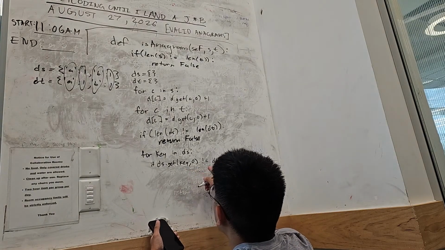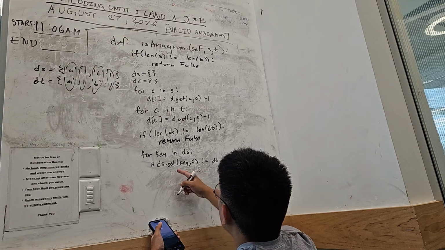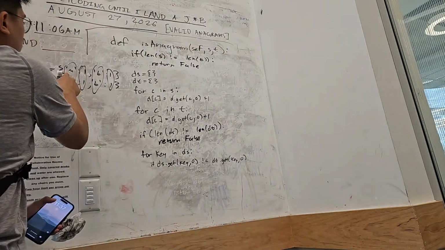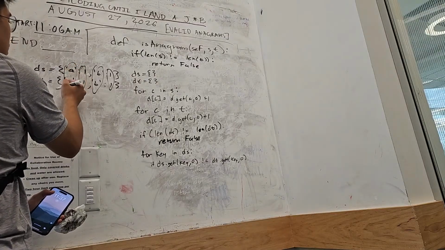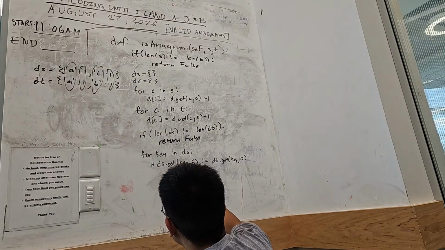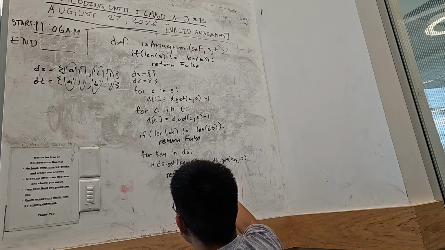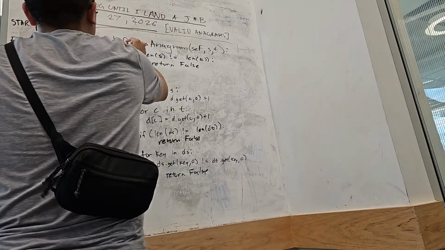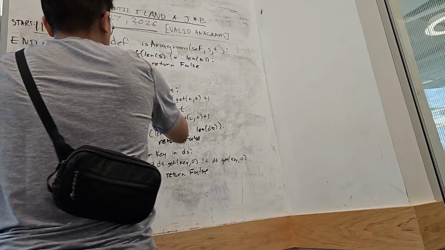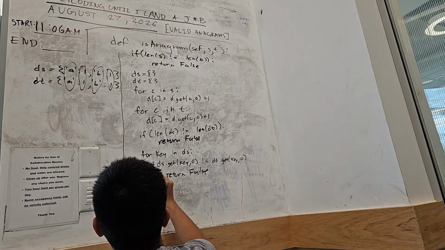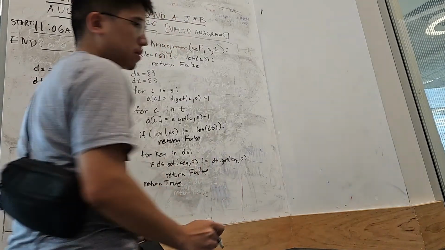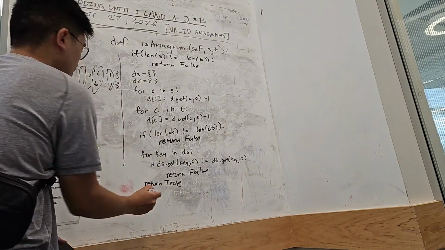If it's not equal, so if they're not equal, like for example, if we don't get this equality, then we return false. Otherwise, this whole thing, we're just gonna say return true. This should be done.